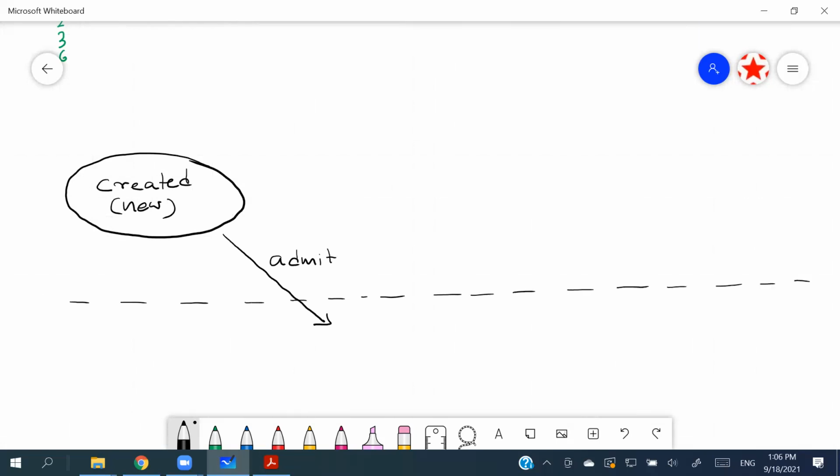This margin defines the main memory, or RAM. Here you are going to have a state called ready, or we call it waiting, one of those.